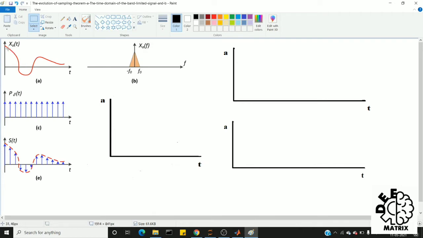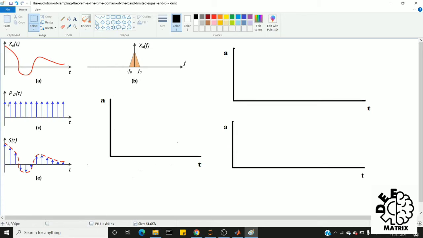For example, x of t, this is my input signal, which is in red color, and it is continuous. And this is an impulse function. Those who know signals and systems definitely know what an impulse function is.